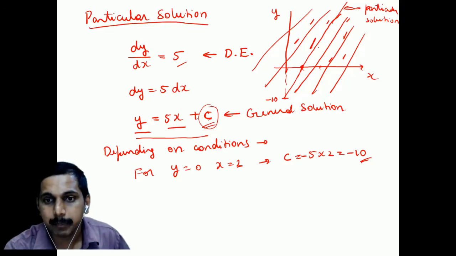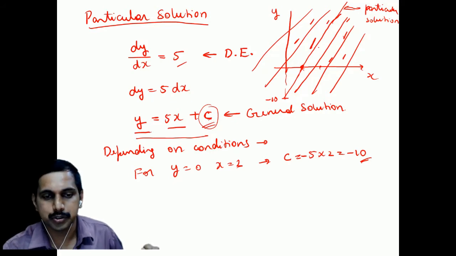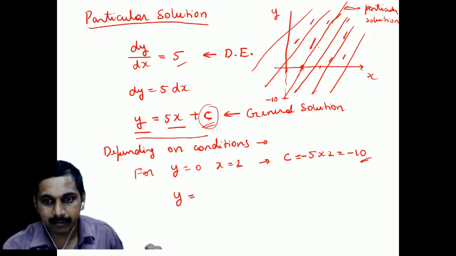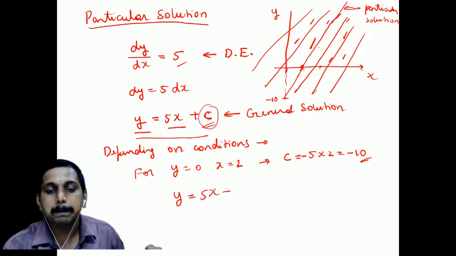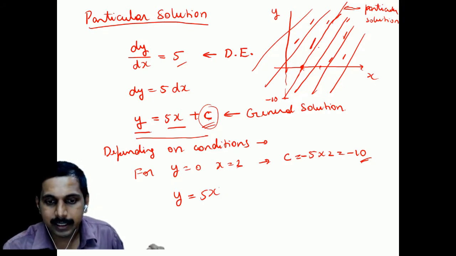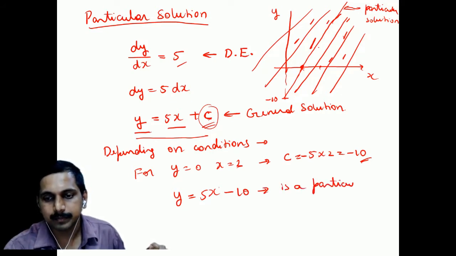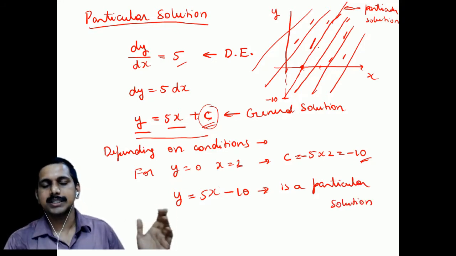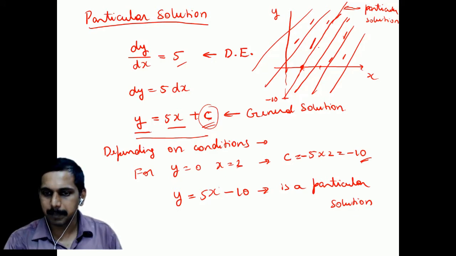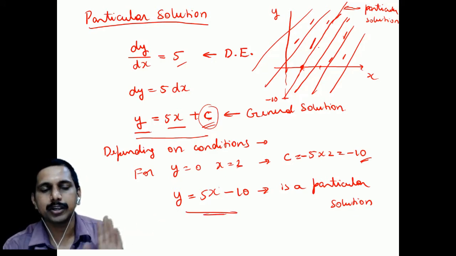That is why it is called a particular solution. So y is equal to 5x minus 10 is a particular solution. Is it clear, students? Simple.